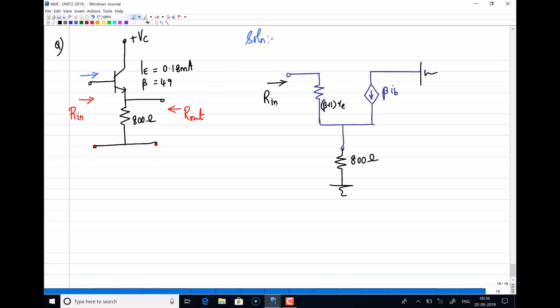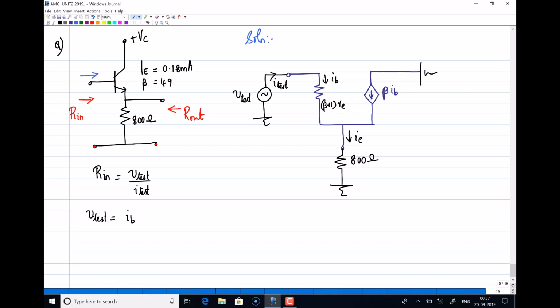To find the input resistance, I should connect a test voltage. Let me mark the currents here: this is IE and this is IB. I connect a test voltage V test here. The current is I test, which is the same as IB. So Rin is V test by I test.